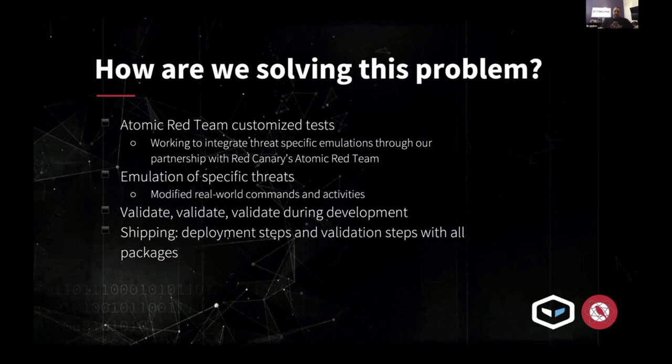The framework already exists here with Atomic Red Team to get those validations in, ship them with deployment steps and additional validation steps. Atomic Red Team does have the ability to just write out manual steps, and it gives you a good list of things you have to do. So it was a great framework to work with.